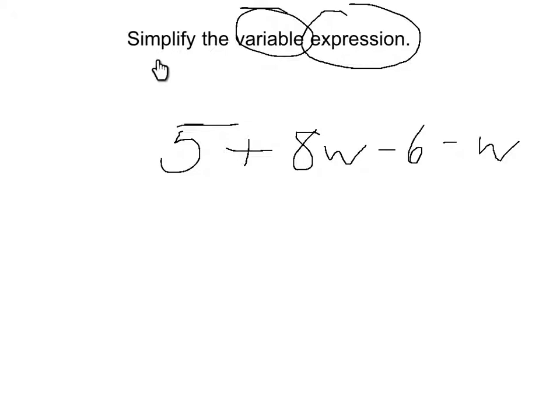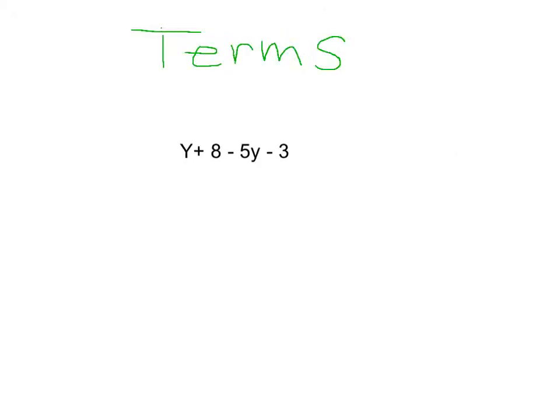But before you can simplify a variable expression, we need to talk about a couple of things. There's a few words that we need to go over. So grab a piece of paper, grab a pencil. You'll need to write these down because these are important. First of all, we have these things called terms, okay?